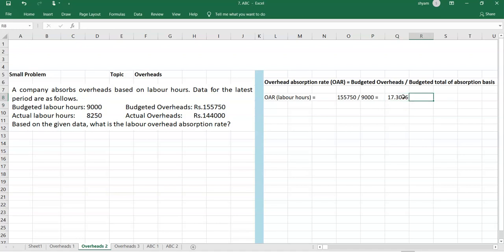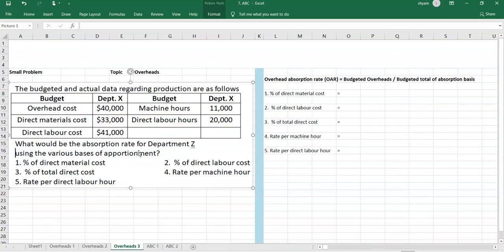So this is going to be rupees per labor hour. So we got the answer here. So we'll go to the next sum. The next sum is also a small sum here.